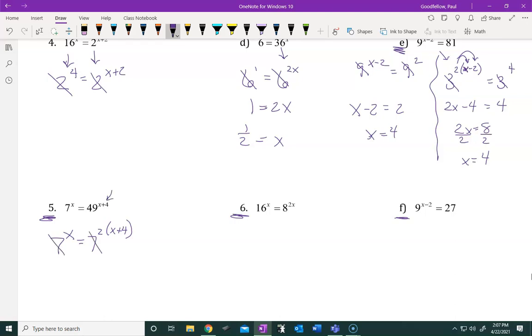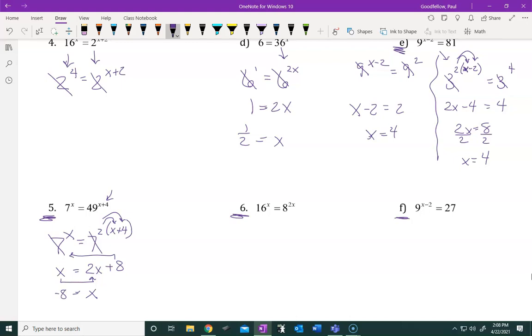So I'd get cancellation. x would equal 2x plus 8 with the distribution. So be careful of that. And then I'd want to get my x's on the same side. So if maybe I subtract the x over here and move the 8 over there, I'd end up with x equals -8. Okay? Little mental math.